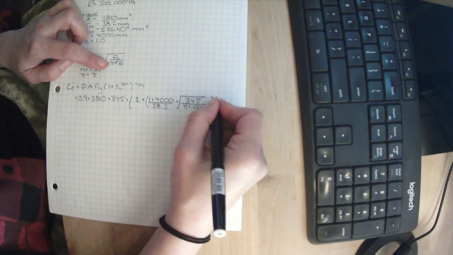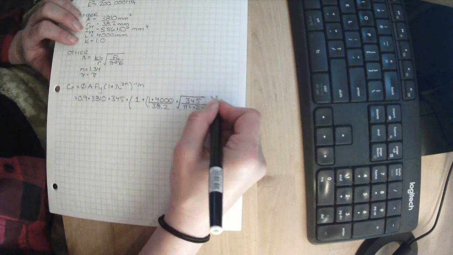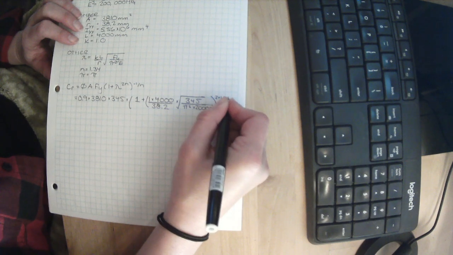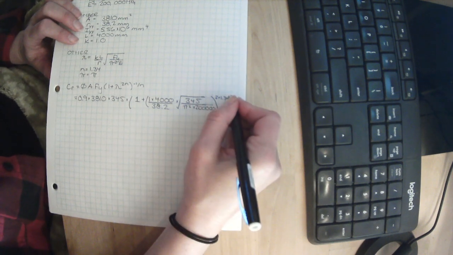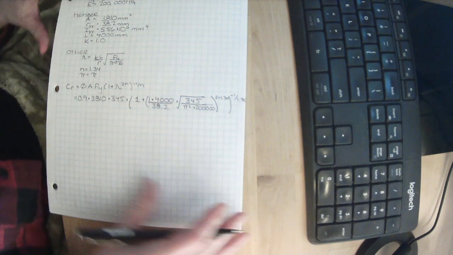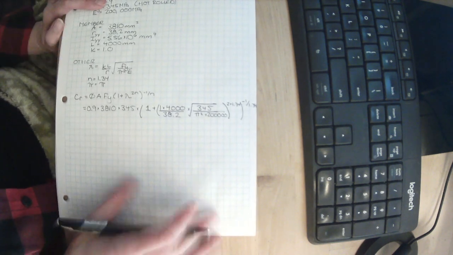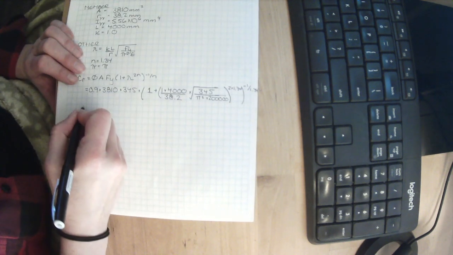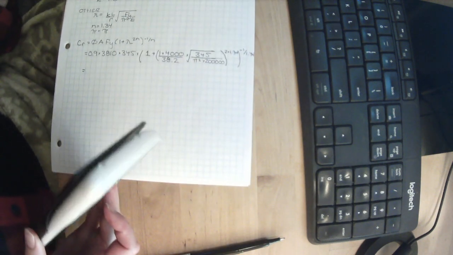Let's do that bracket, because then that is to 2 times 1.34, and then all of that is to the minus 1 divided by 1.34. Okay, we've got that all in there now. I wonder if I can press my luck and do it all in one go here again.